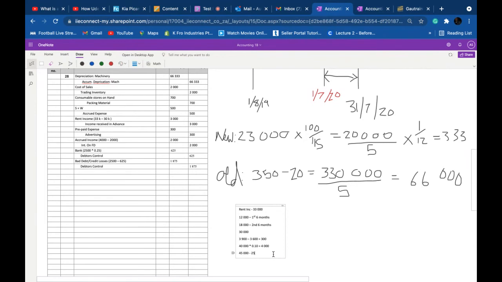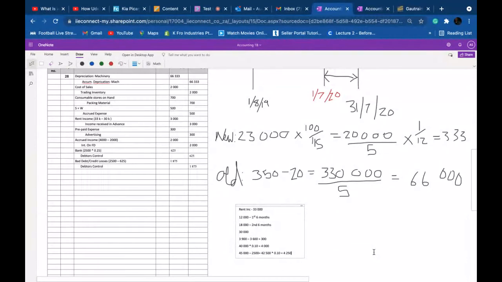But that's obviously completely going off our books. So then our total here is 42,500. That's how much we have on our books in terms of our debtors control. But then we need 10% of that, so 0.10, which is obviously going to give us 4,250.